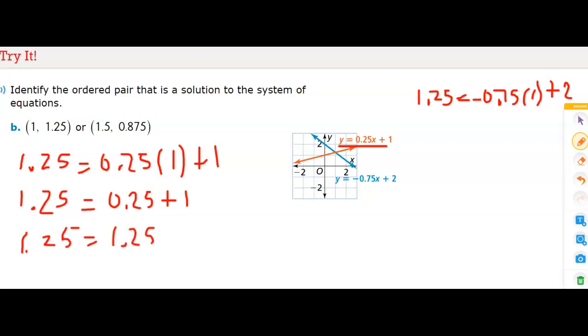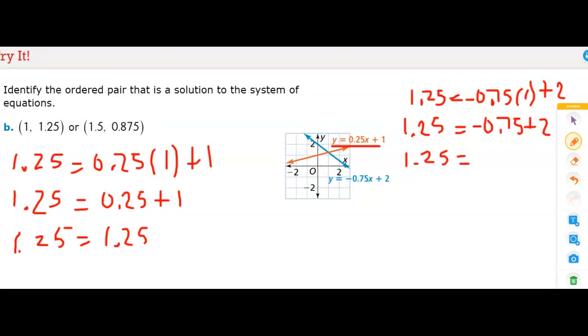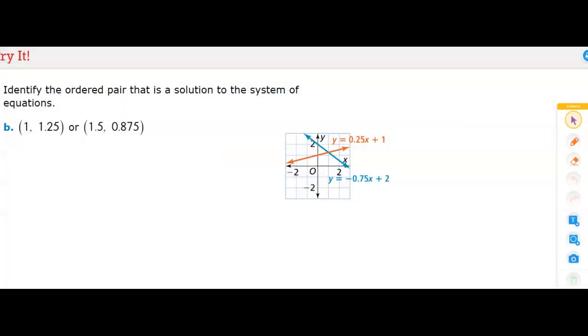Then we go to this equation, and then we have 1.25 is equal to negative 0.75 plus 2, and then 1.25 is equal to 1.25. So this ordered pair satisfies both equations. So now let's take a look at the second ordered pair. So I'm going to delete everything.